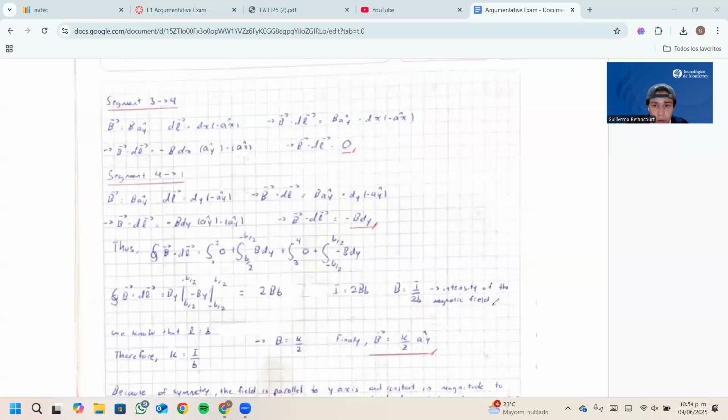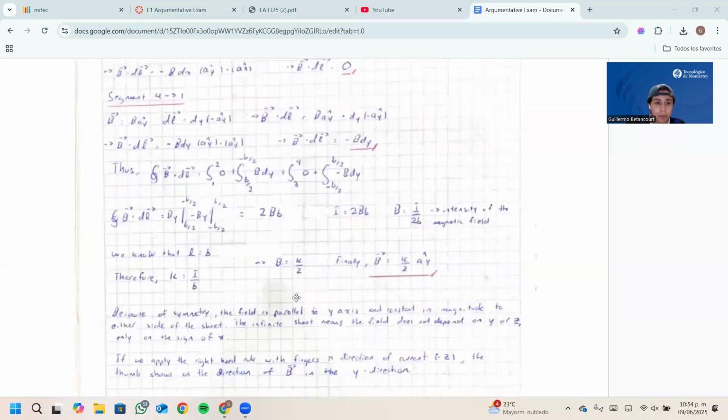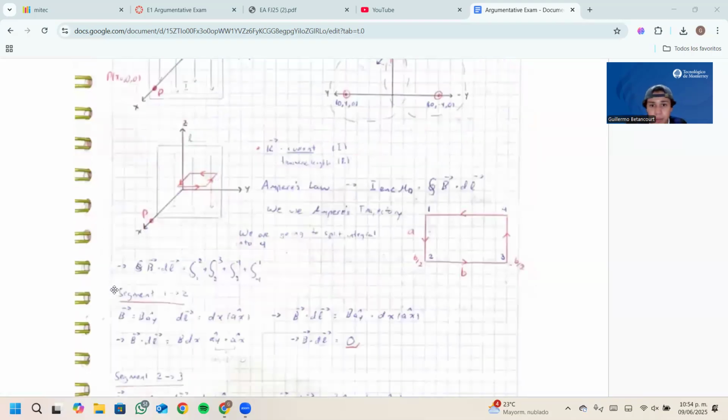Then we are going to add all our integral segments and evaluate them, and we are only left with this, which we know is equal to the current. So now we can solve for the magnetic field, and this expression is the intensity of the magnetic field. Also, we know that the length is equal to the B in our diagram here.